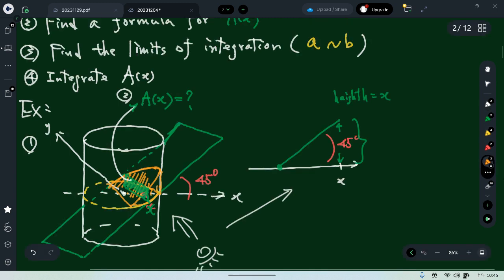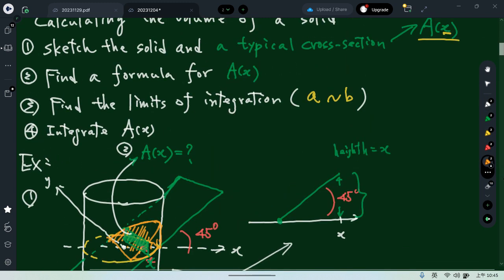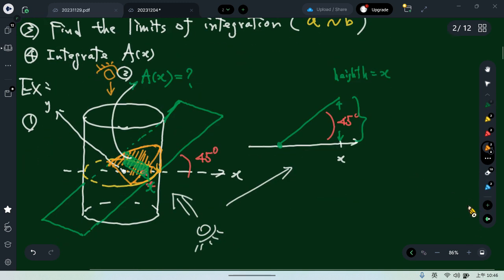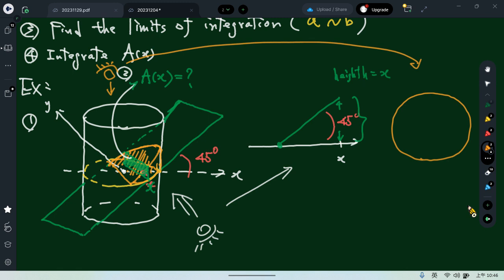But if your eye is on the top, if your eye is here, and you see that, because you're just on the top of here, you will see a circle. If your eye is here, you can see a circle.